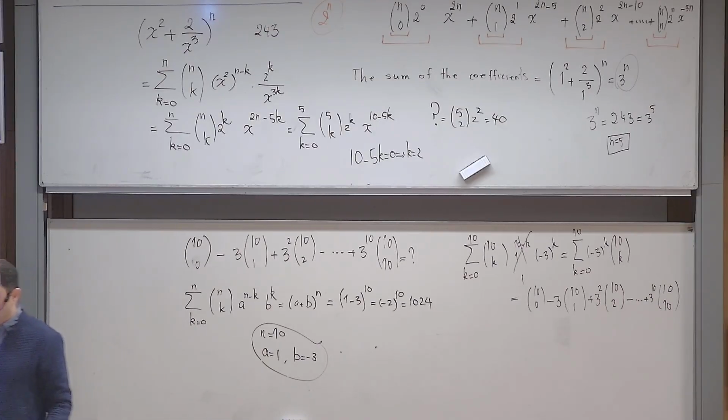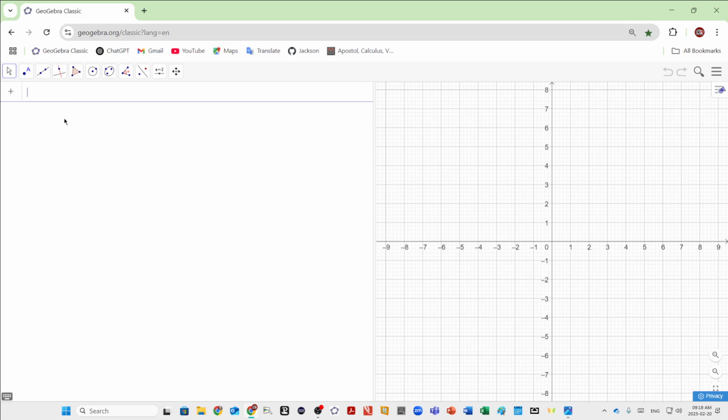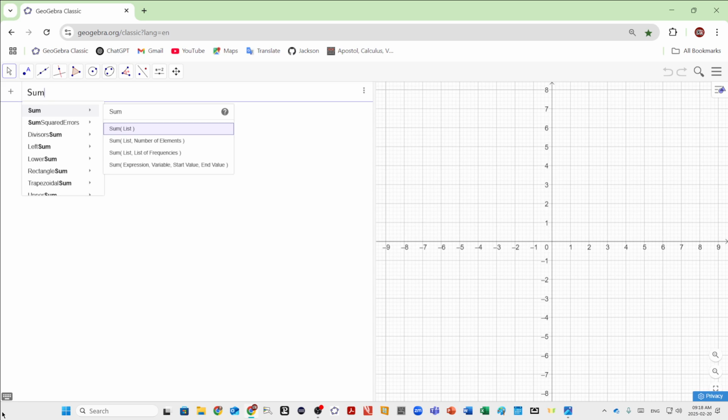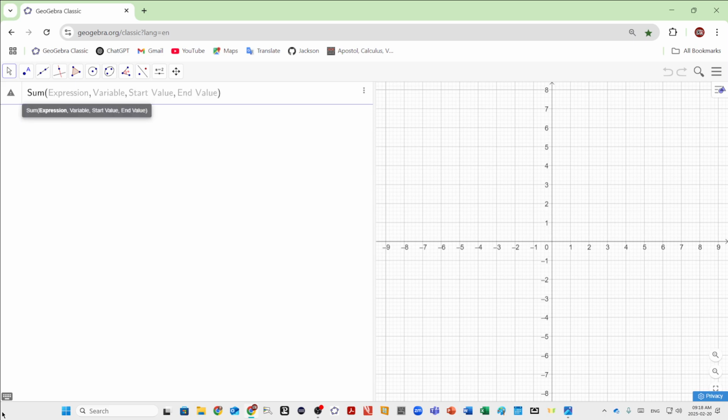And of course, if you want to check it using GeoGebra, how do you do that? Do you have any idea? So we use the instruction sum. Sum expression variable start value end value. So what is my expression? My expression is exactly what I wrote there.